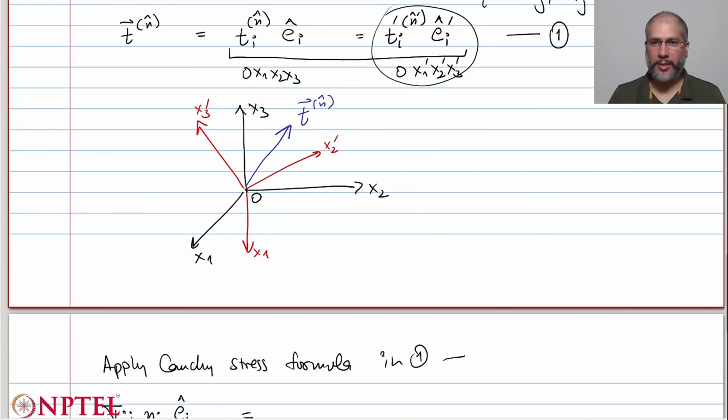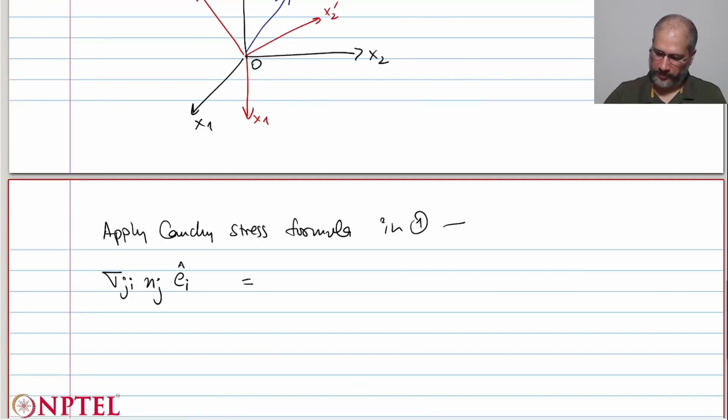So this T_i prime actually becomes sigma_ji prime n_j prime times e_i prime hat. So this is the idea that sigma prime would be a physical measurement of the 9 components if I measured them in the primed coordinate system.